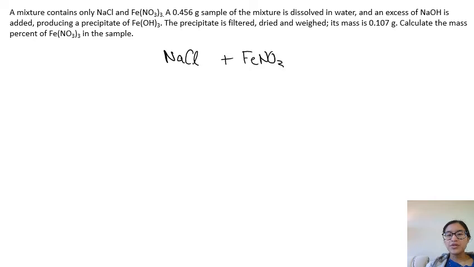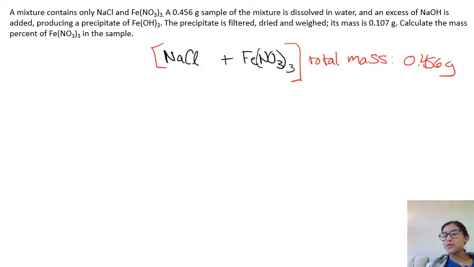So these two solids are mixed together in whatever container, and that is what eventually gets dissolved and passed on to the next reaction. So got this mixture. Its total mass is 0.456 grams. Okay, so that would be the mass of sodium chloride plus the iron nitrate.